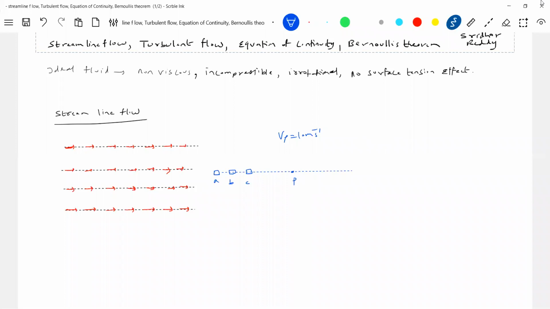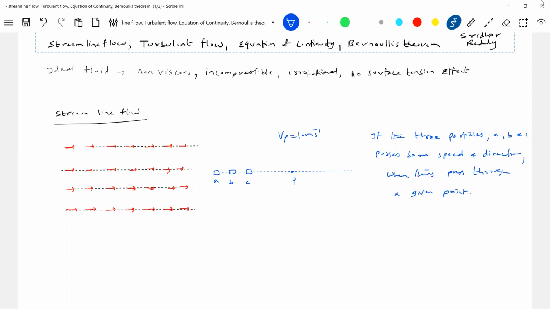So if the three particles A, B, and C possess the same speed and direction when they pass through a given point, the flow is said to be streamline.